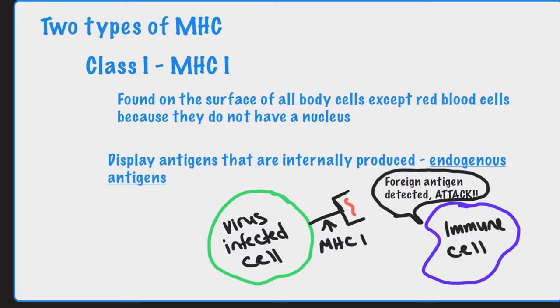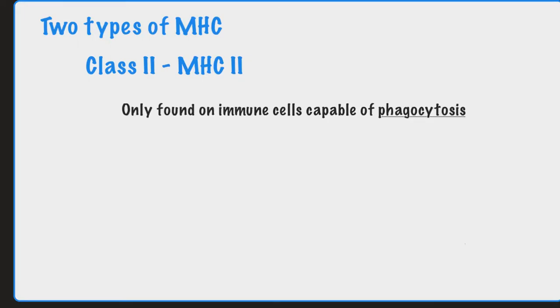Now, the other type of MHC that we see is a class 2 MHC, which is also referred to as MHC2. These MHCs are only found on certain immune cells that are capable of phagocytosis. So these cells are capable of eating things that are found outside of the cell. Now these cells, because they are also body cells, will also display MHC1.